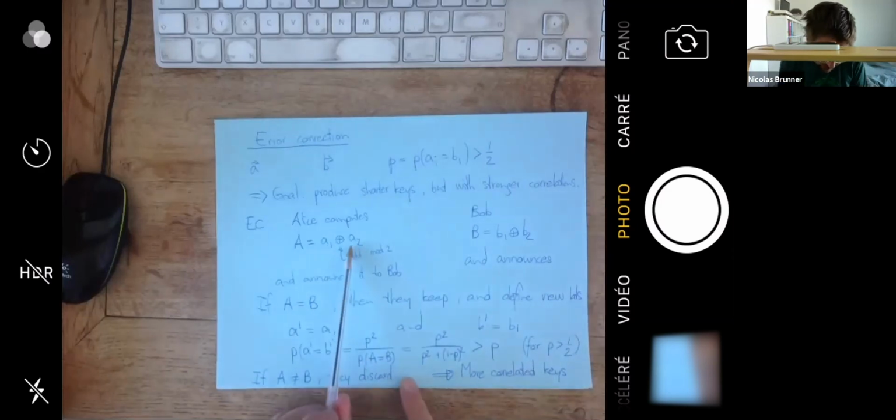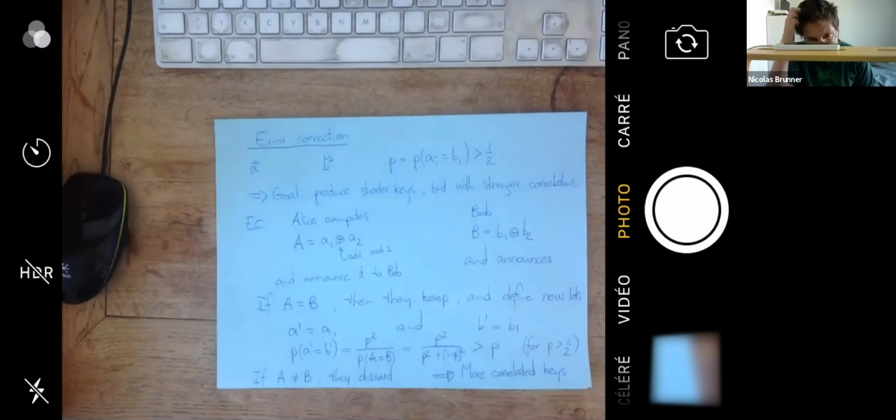A2 is a random bit, and so if I know capital A, I know nothing about A prime unless I know A2 as well. So that is error correction.